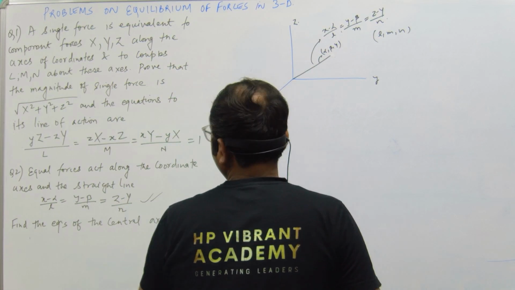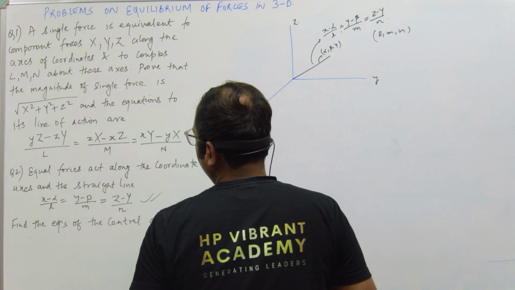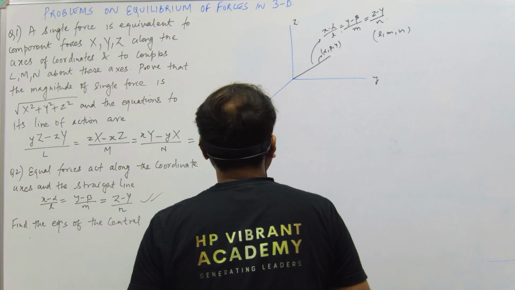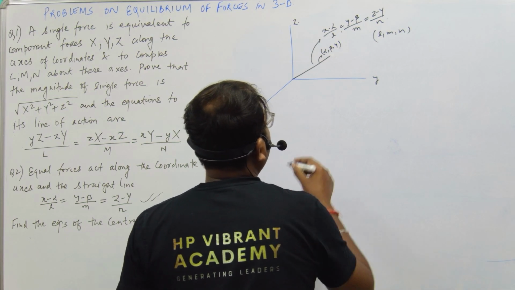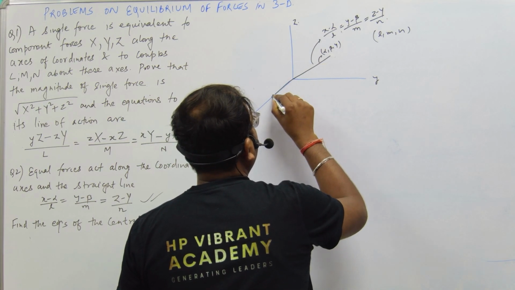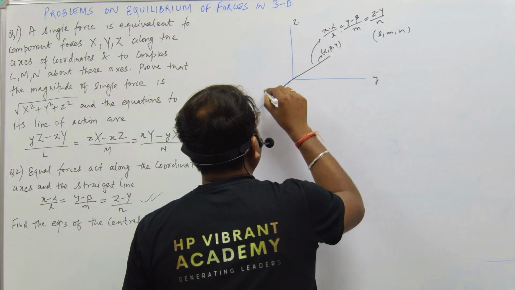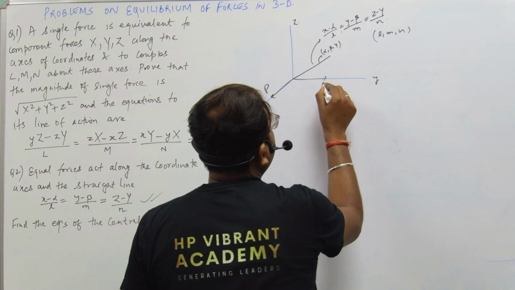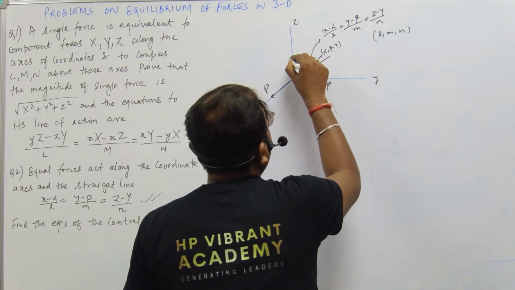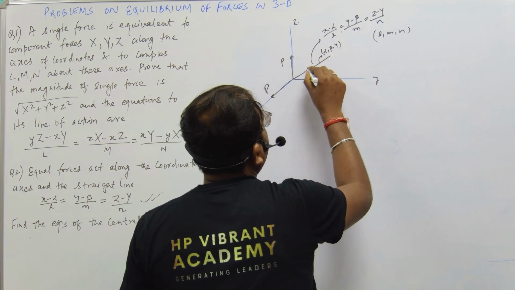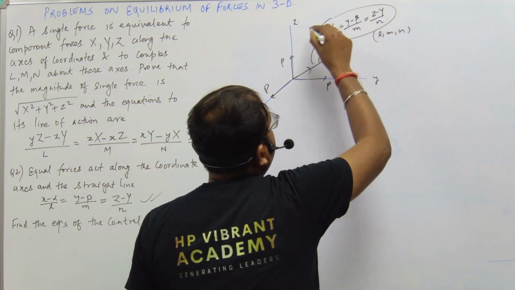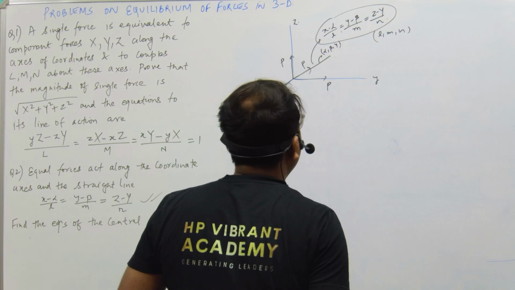Now equal forces act along the coordinate axes and the straight line. Let us take these forces as P. So the force along the x axis is P, along the y axis is P, along the z axis is P, and along this line is also P. So we have 4 forces.